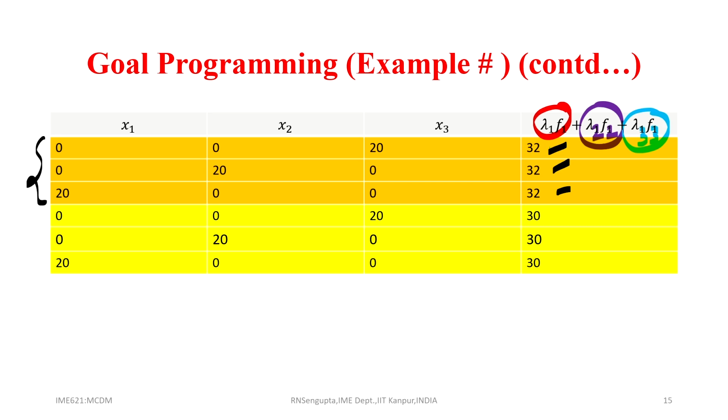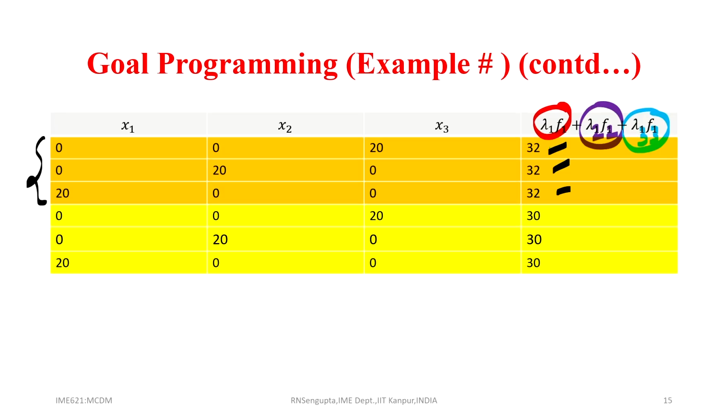So, if I for the time being concentrate only on the values of decision variables which can be considered Pareto optimal points, because we get a value of 32 for all the 3 cases of the objective function, then the Pareto optimal points are 0, 0, 20; 0, 20, 0; 20, 0, 0.